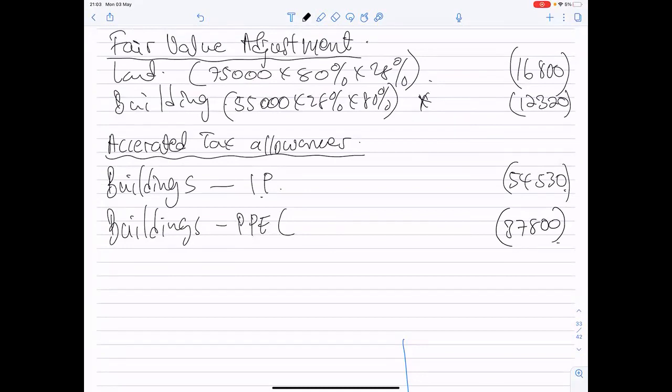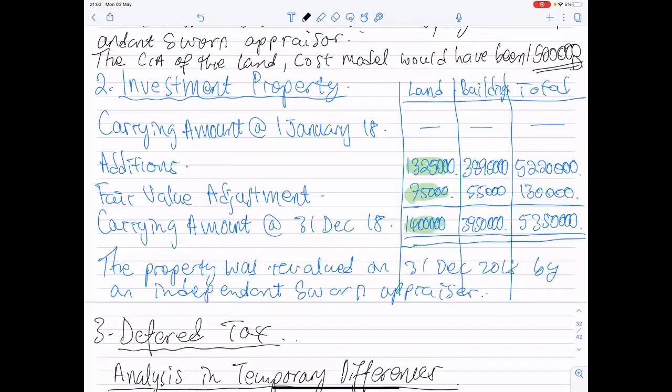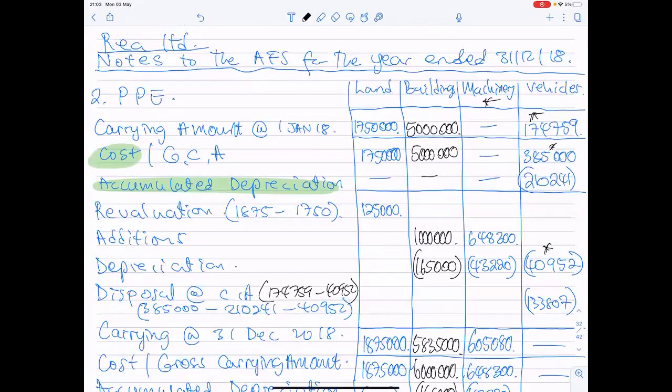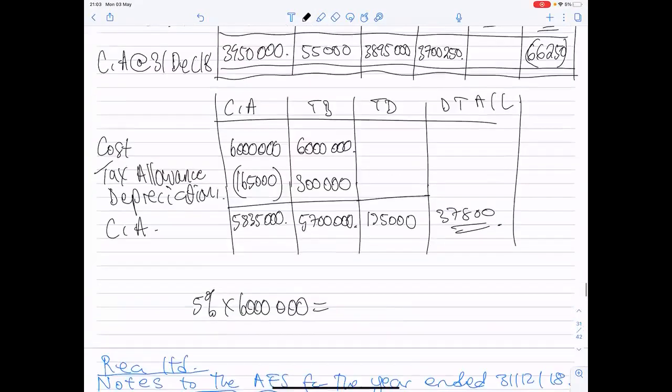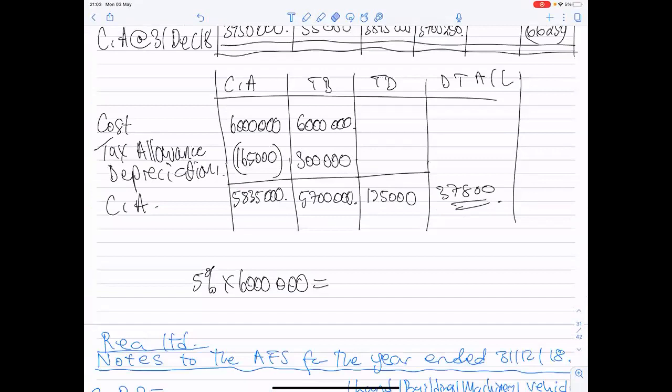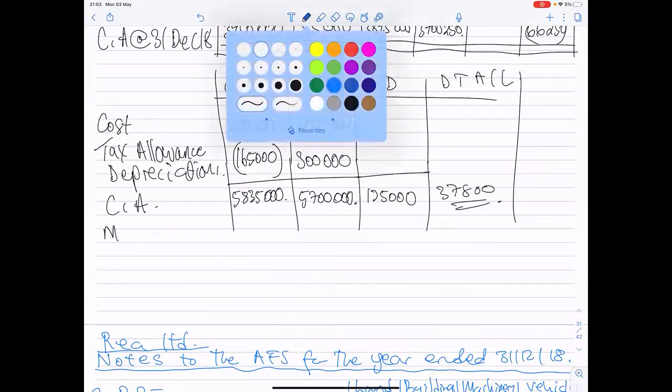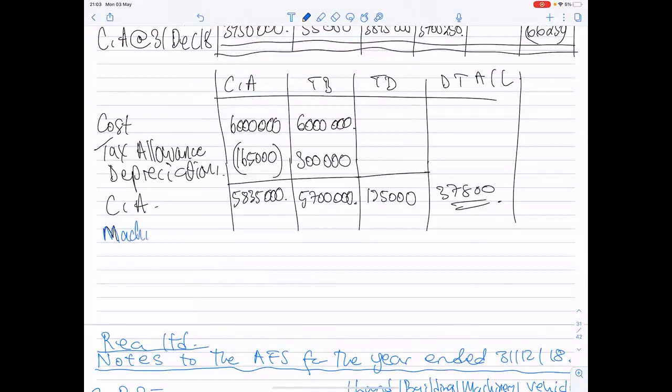Then the other asset is the machinery. Let's look at the machinery. You do the same principle that we have here. Same carrying amount, tax base, temporary difference, deferred tax asset or liability.